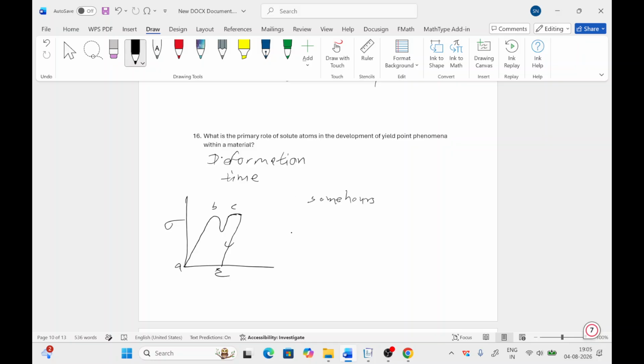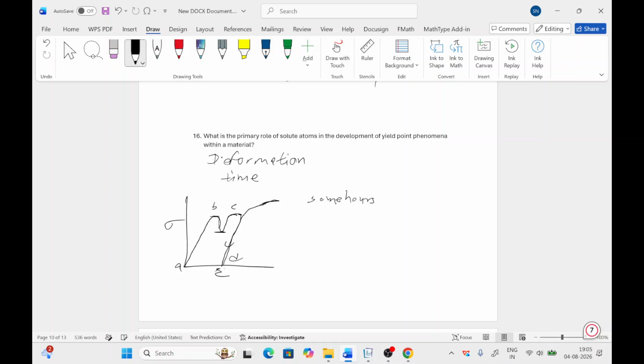and reload it, then the curve for that material will be of this shape. Means this is the upper yield point and this is the lower yield point.